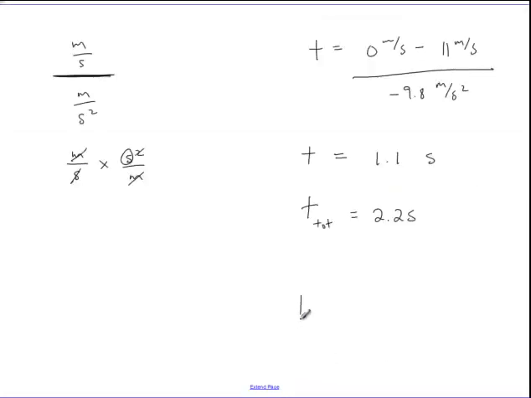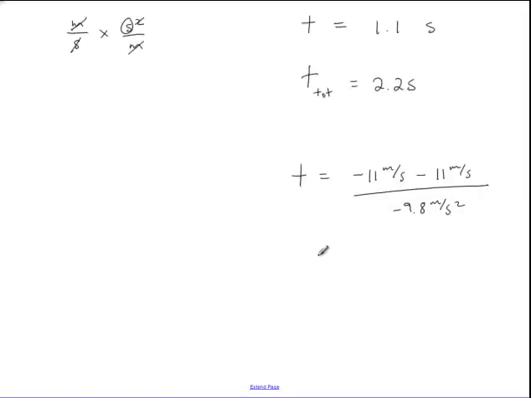So that would look something like this. T equals VF, which would have been negative 11 meters per second, minus her initial velocity, which was 11 meters per second, and divide all that by negative 9.8 meters per second squared. If you put that into your calculator, you get time equals 2.2 seconds.